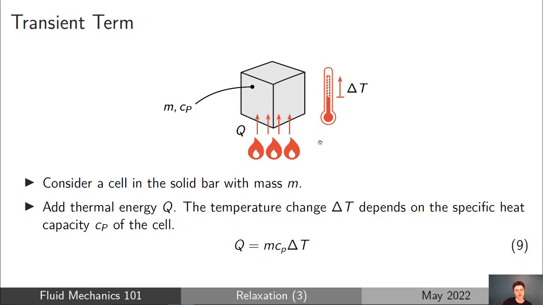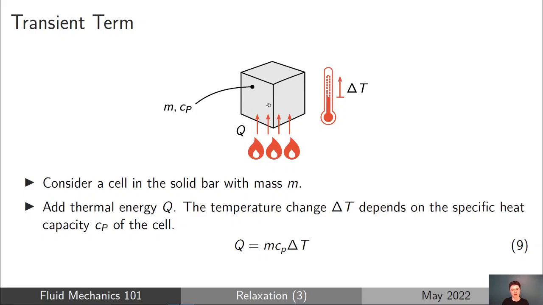And then depending on the material that the cell is constructed from, it also has a specific heat capacity, Cp. If we add thermal energy to this cell, from a heat source, or if there was some additional heat in there from the imbalance in the energy equation, that additional thermal energy would cause the temperature of that element to rise.